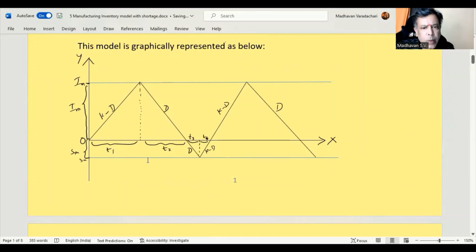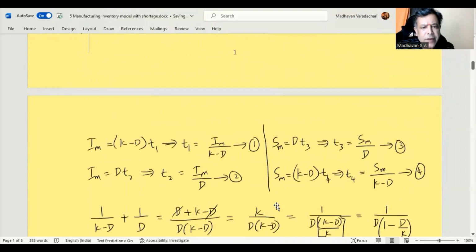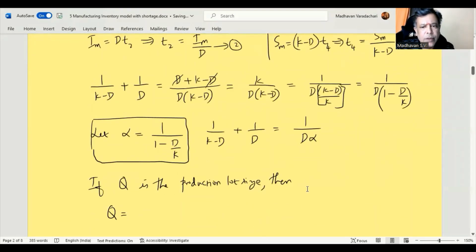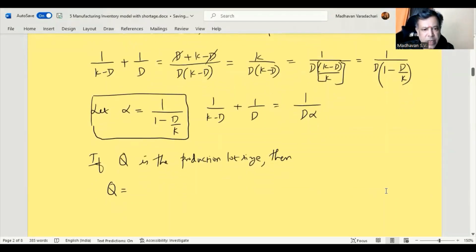Only during the period T1 and T4 is manufacturing activity happening, and that is going to be made at the production rate K. So we can say Q is T1 times K plus T4 times K, which can be written as K times T1 plus T4.